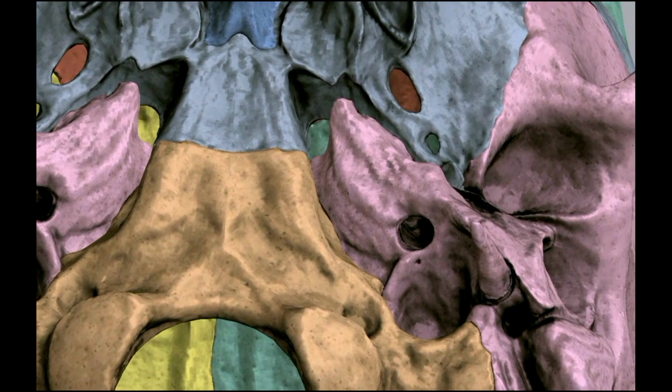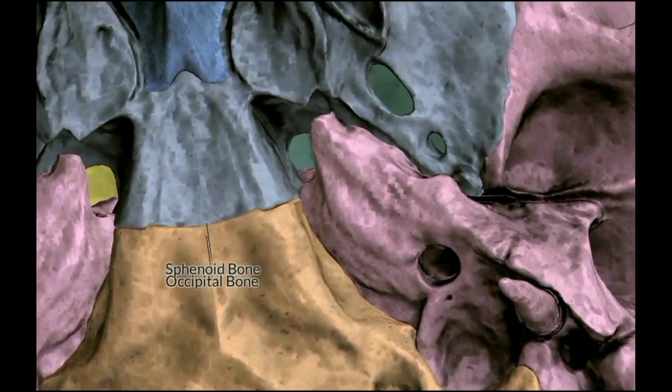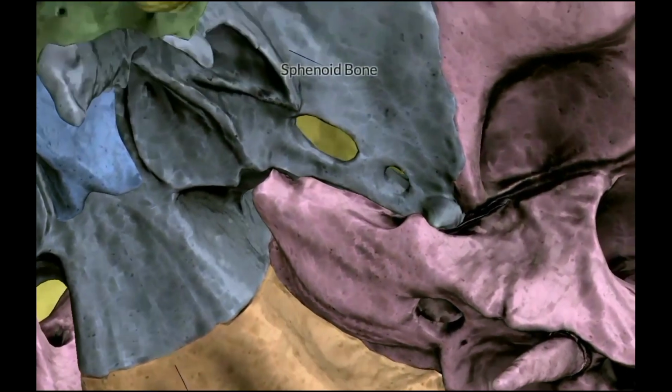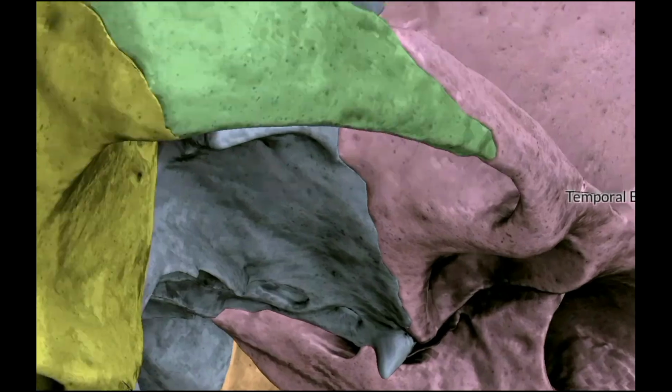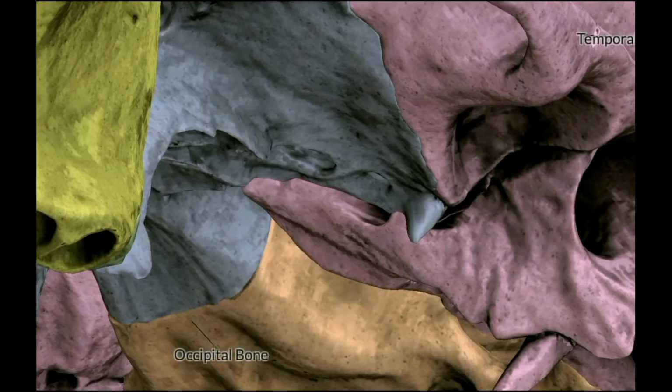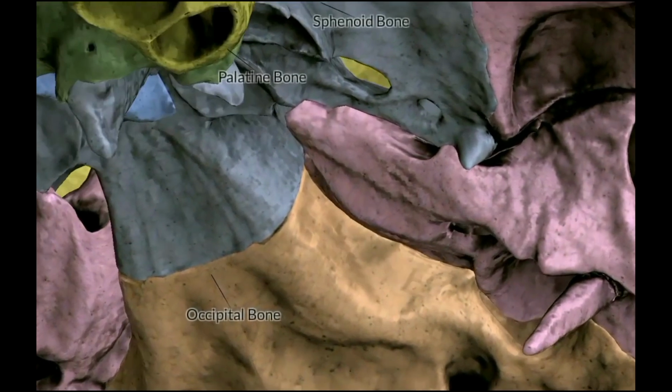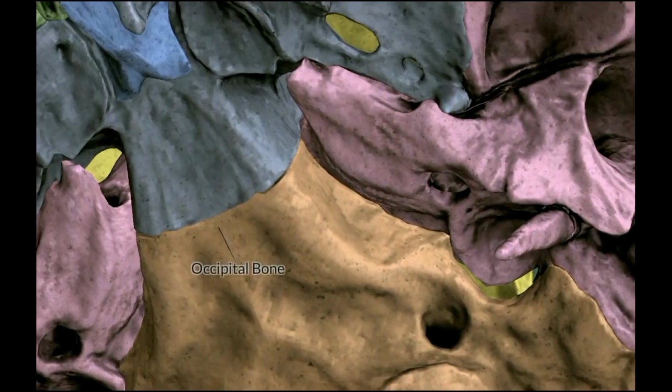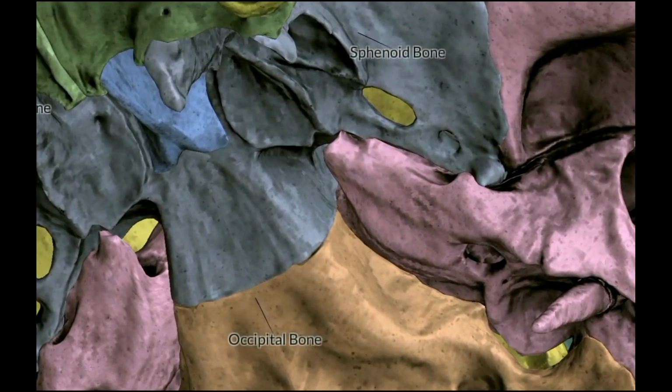As you go more laterally from the sphenoid to the temporal, just behind the foramen spinosum you will see a bony spike called the spine of the sphenoid. Yes, that is there, a V-shaped structure.